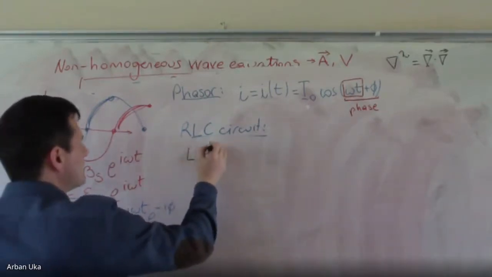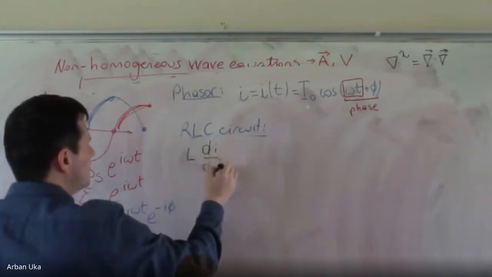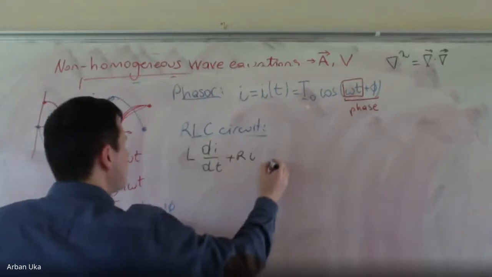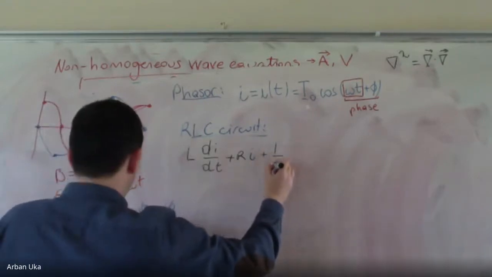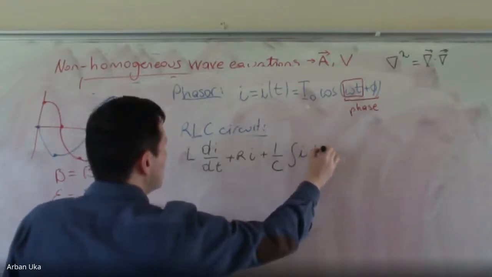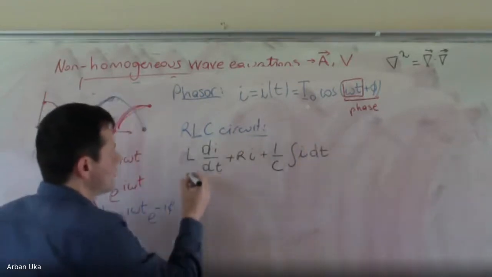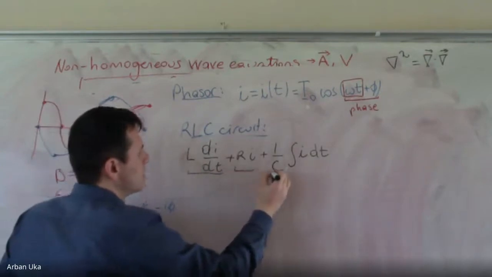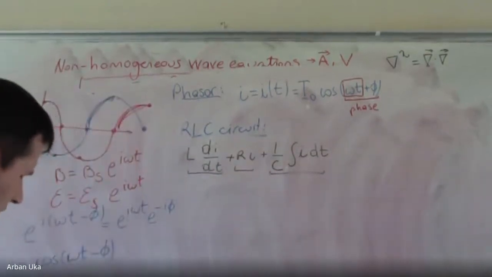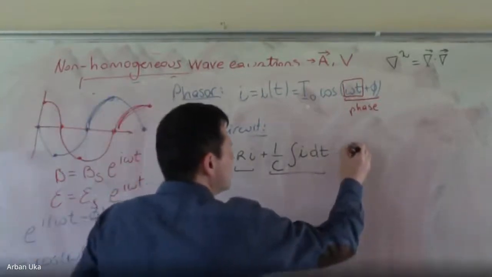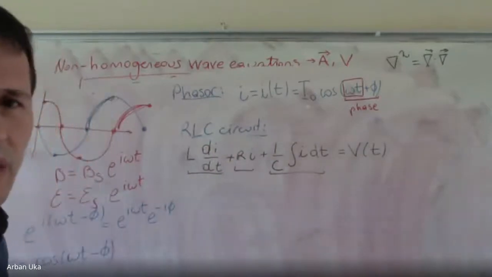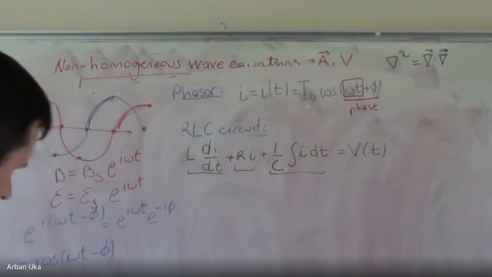We have L times di over dt, plus the resistance times the current, plus 1 over the capacitance times the charge, which is the integral of i dt. All of these quantities are measured in volts, okay? That's the potential difference across the circuit, and this is all equal to the alternating AC power supply, V as a function of time.